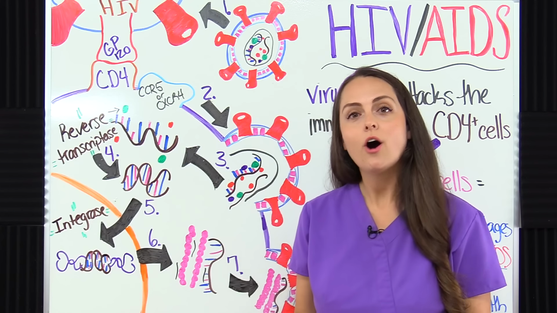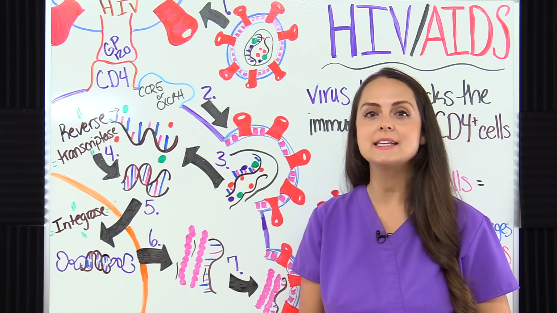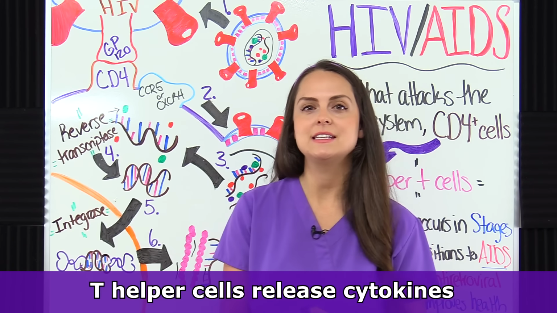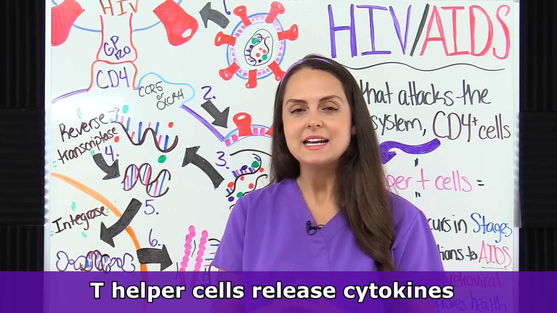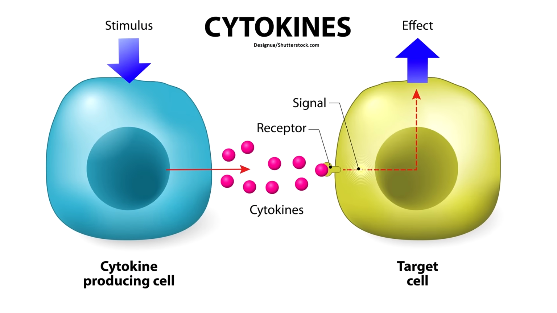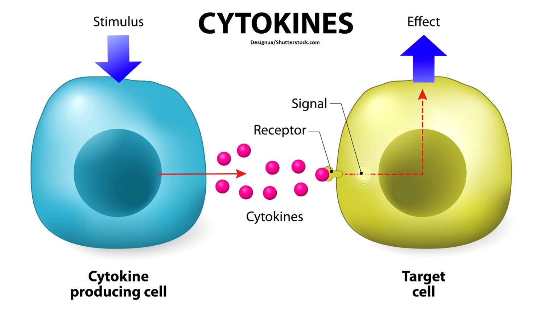Now, the reason we call these types of T cells the helper T cells is because they help the immune system fight infection. And how they do this is that they release cytokines. Cytokines are like chemical agents that send a message to the receptor site on a targeted cell to cause it to act in a certain way.